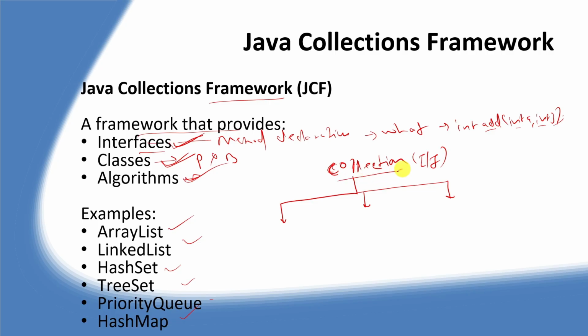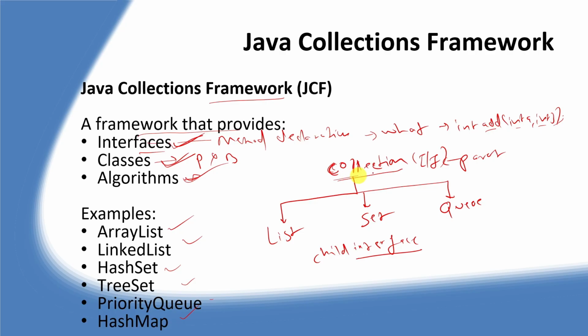So collection is a parent interface and child interfaces are list, set and queue. I am telling you the collection hierarchy, very basic. So collection is a parent interface, and these are child interfaces: list, set and queue. We are not saying child classes. In this case we are saying interface. Focus on the word: child interface.